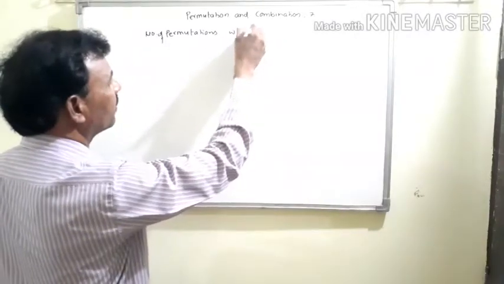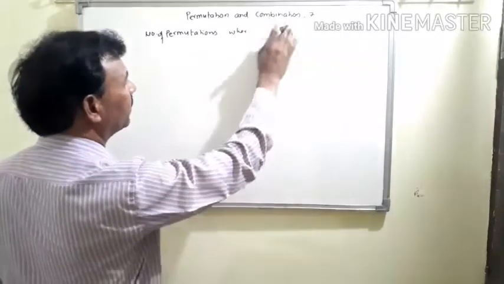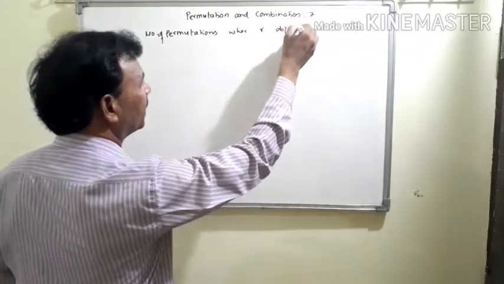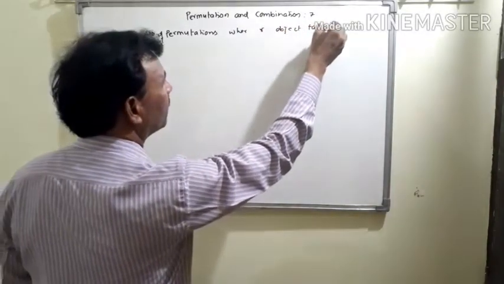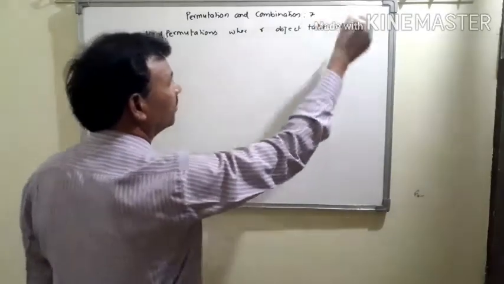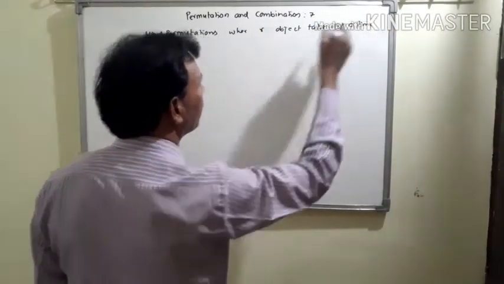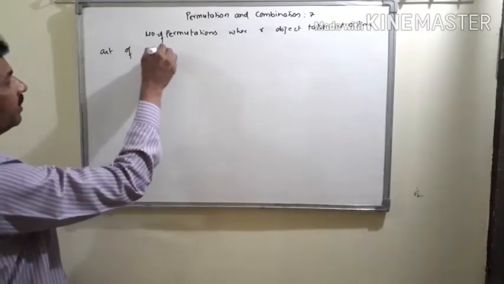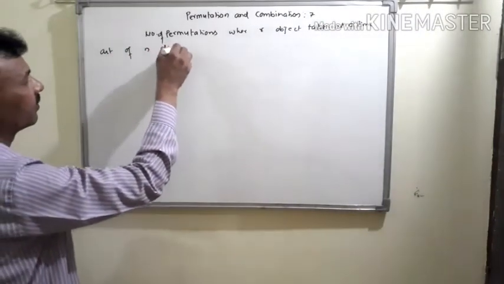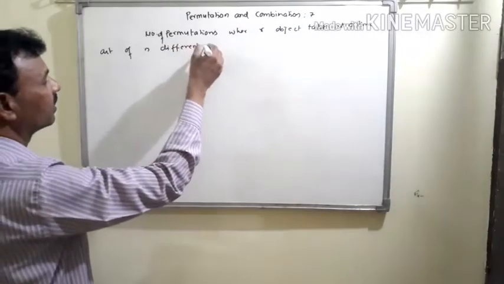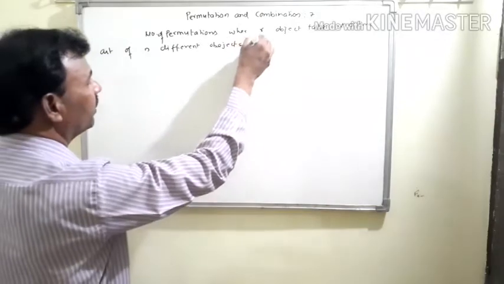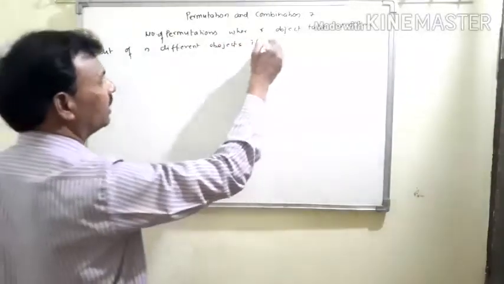Number of permutations when r objects are taken at a time out of n different objects, if repetition is allowed.